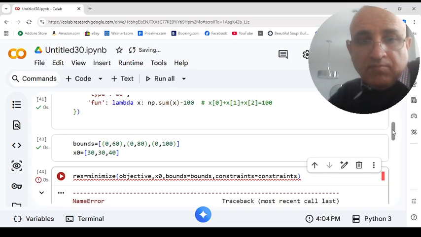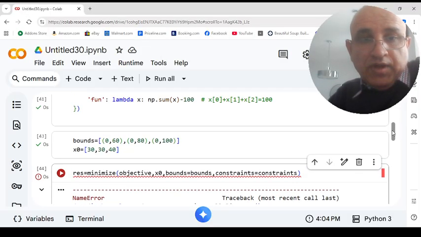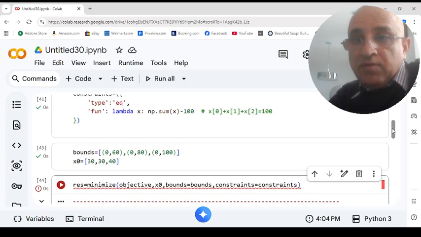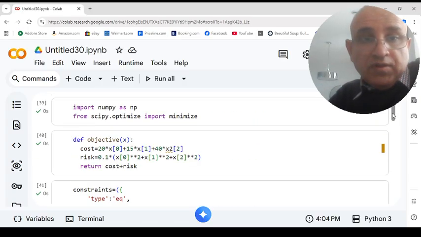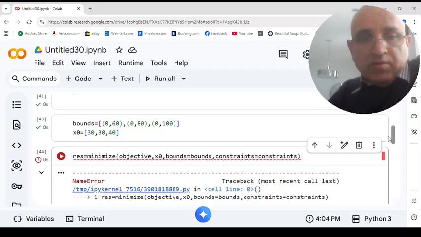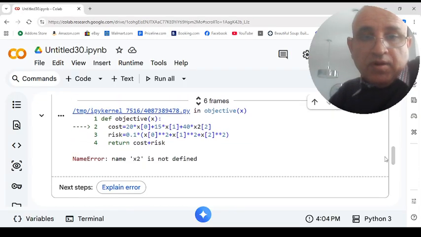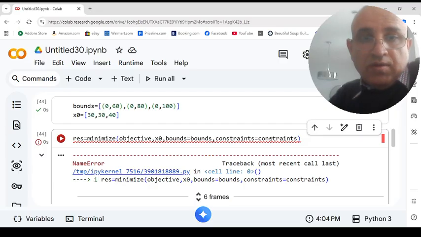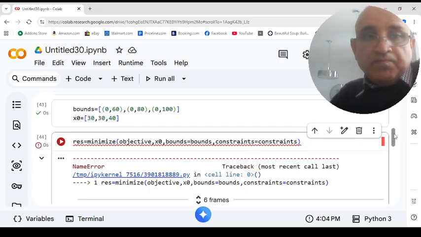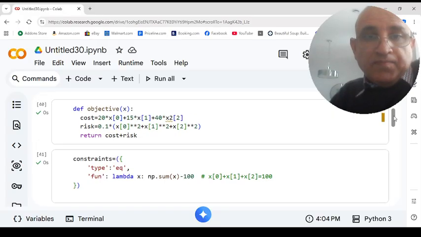Constraint is correct, bounds is correct, x0 is correct, the name of the objective function is objective. Everything looks good. Where is the problem? x2 is not defined. That's what they're saying. So we have to go back to x2.